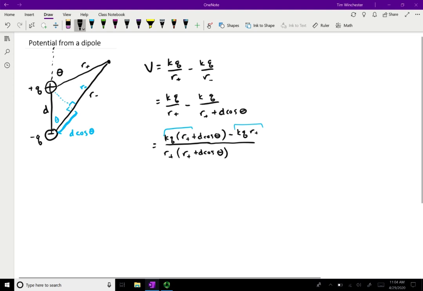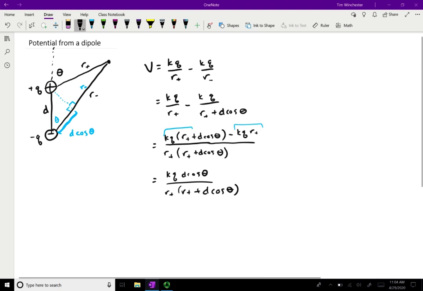When I do that, I'm left with kq d cosine theta over r plus times r plus d cosine theta. At this point, I've already used the fact that I'm assuming r plus and r minus are almost the same, that we're interested in a point that's very far from the dipole.